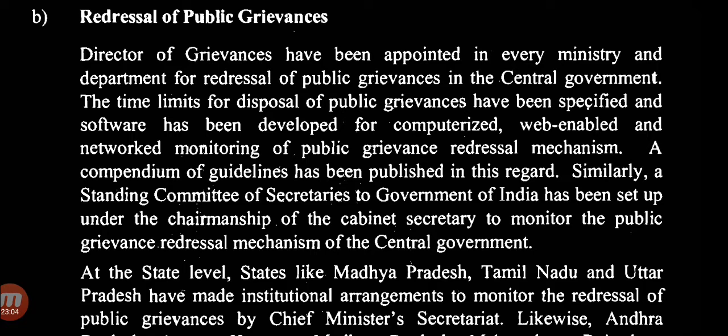A compendium of guidelines has been published in this regard. Similarly, a standing committee of secretaries to Government of India has been set up under the chairmanship of the Cabinet Secretary to monitor the public grievance redressal mechanism of the central government.